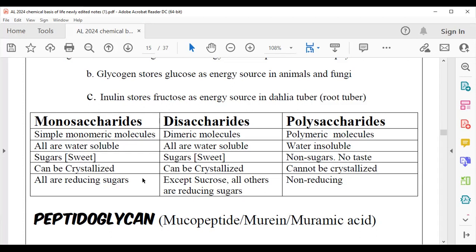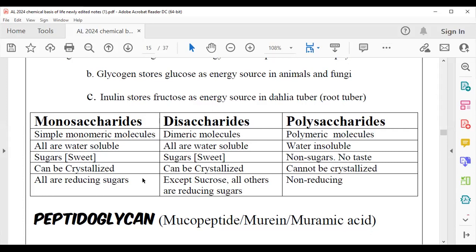Like that, all these can be digested except monosaccharides. Monosaccharides cannot be digested, because they don't have a glycosidic bond, so there is nothing to break. Clear?